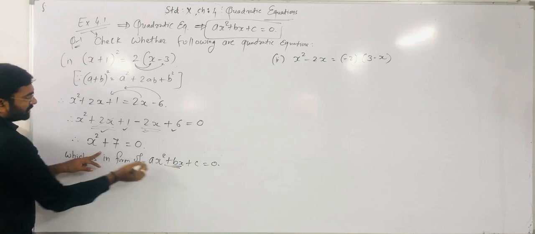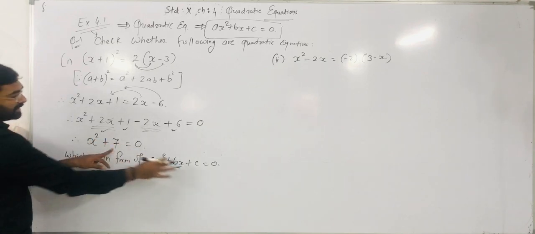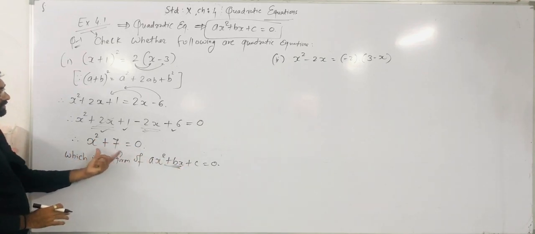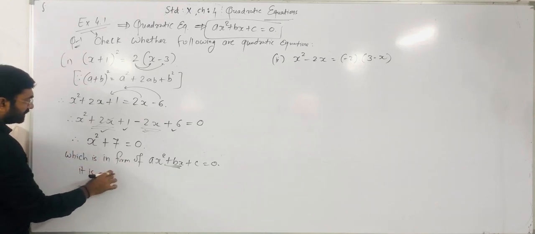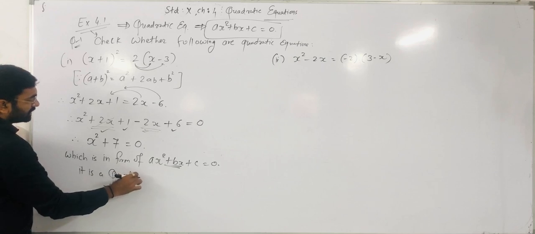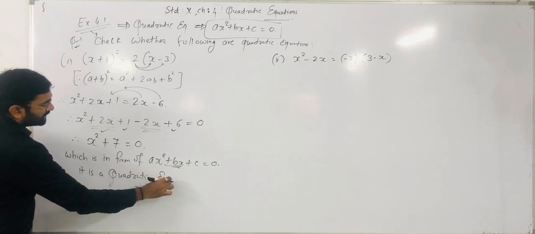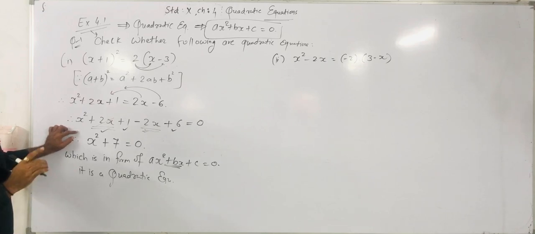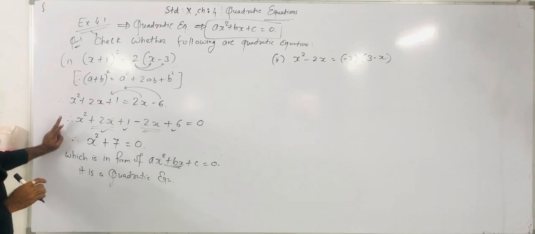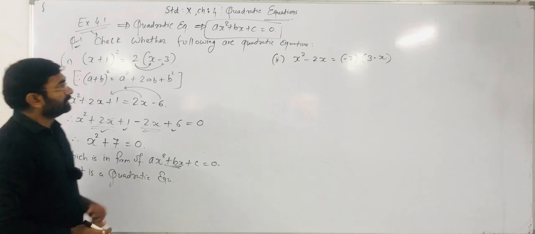The bx term is not given, which is 0 only, but the third term is given. So from this equation we can say its degree is 2. So it is a quadratic equation. We have to decide now whether it is a quadratic equation or not. So x² + 7 = 0. In that equation its degree is 2. So we can say it is a quadratic equation.